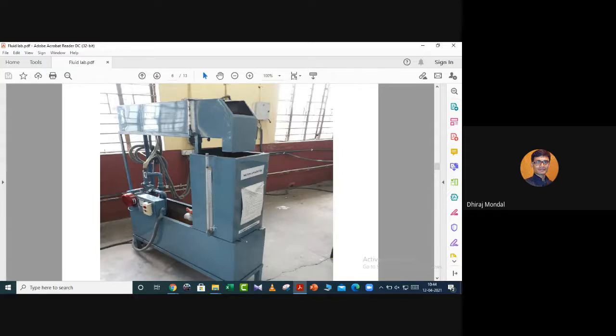With the help of this apparatus, we can calculate the coefficient of discharge. What is coefficient of discharge? This is the ratio of actual discharge to theoretical discharge. The theoretical discharge is found out from the theory part, and the actual discharge from this experiment, from the apparatus.